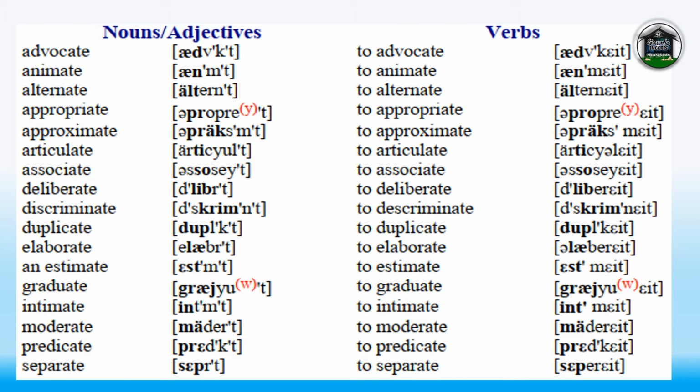Duplicate, to duplicate. Elaborate, to elaborate. An estimate, to estimate. Graduate, to graduate. Intimate, to intimate. Moderate, to moderate. Predicate, to predicate. Separate, to separate.